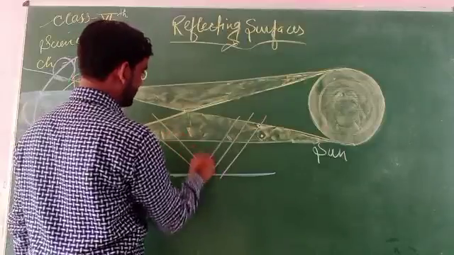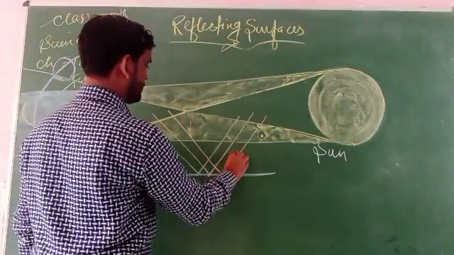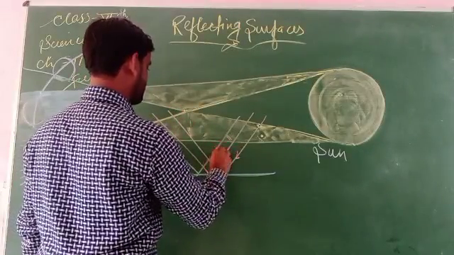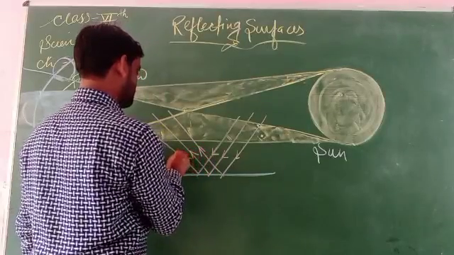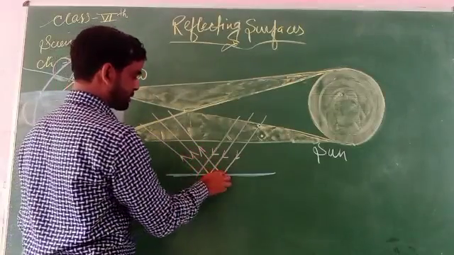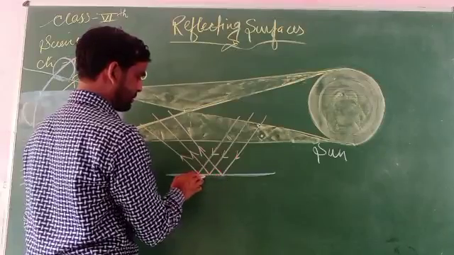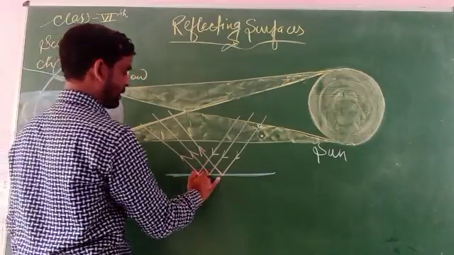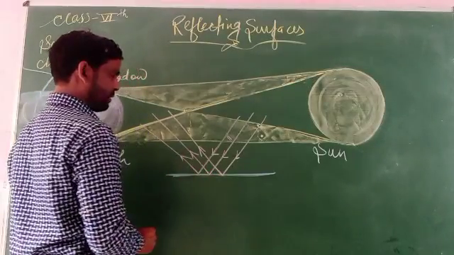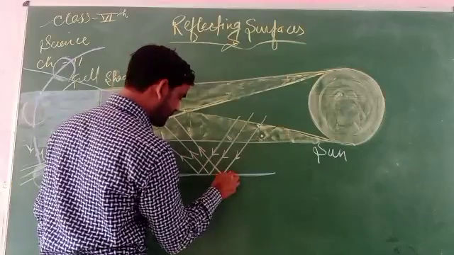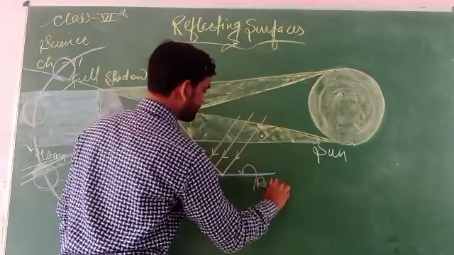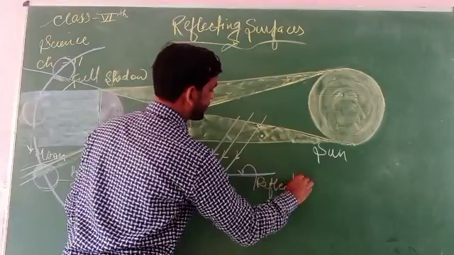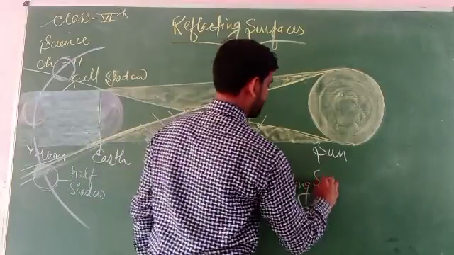The light has to be transferred back into its source or its medium. So this one is called a reflecting surface.